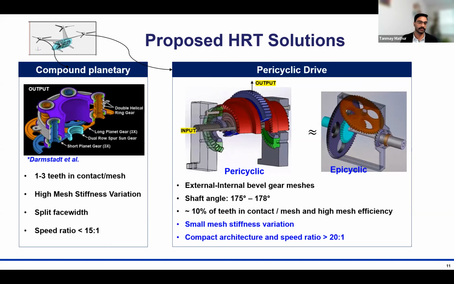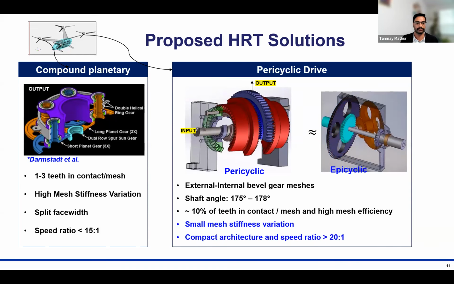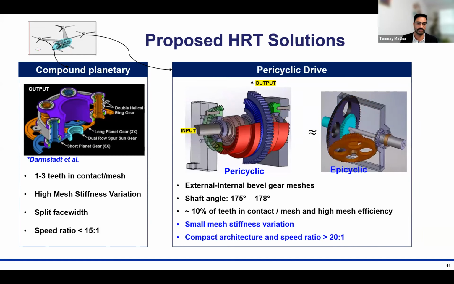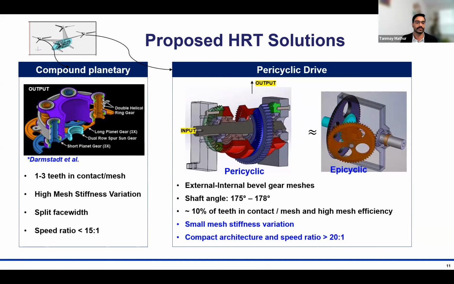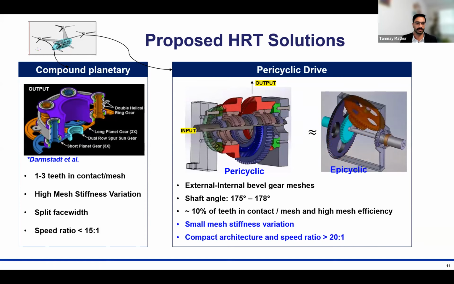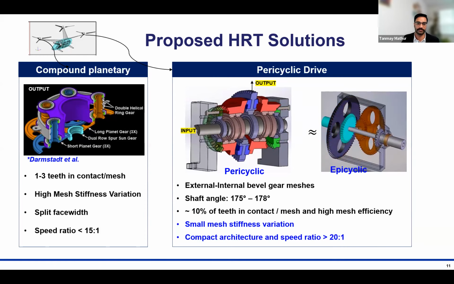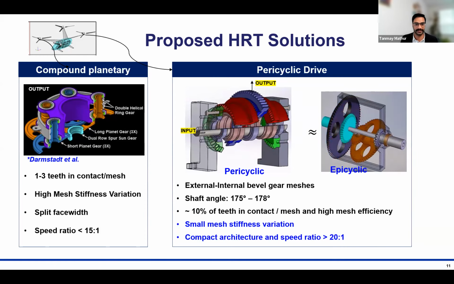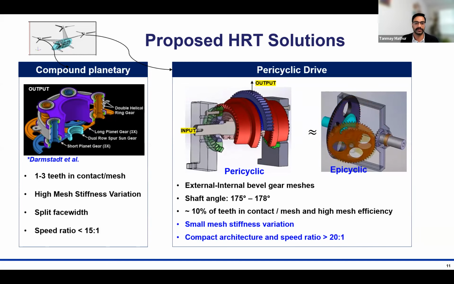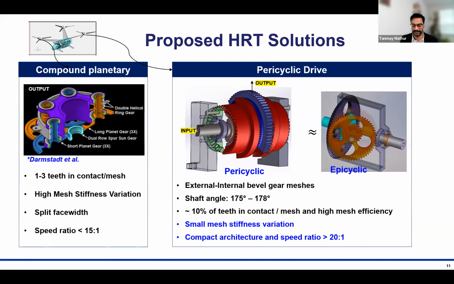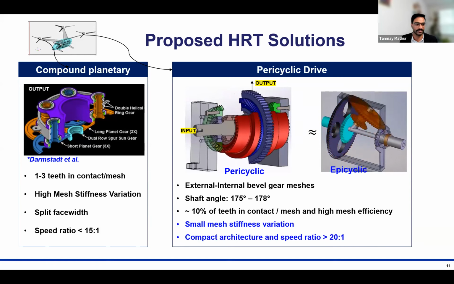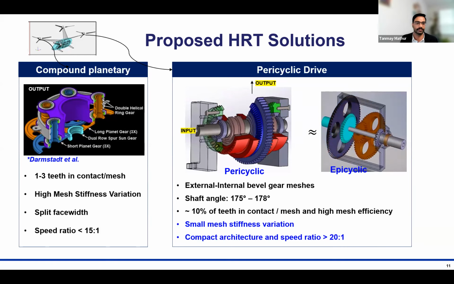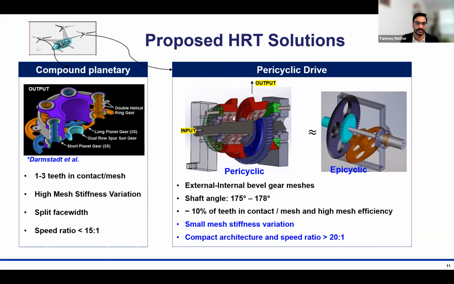Also, you have 1 to 3 teeth in contact per gear mesh, which leads to higher mesh stiffness variation. Now, some of these shortcomings are addressed by the pericyclic drive architecture. So think of this gearbox as a 3D generalization of the parallel axis planetary gearbox.